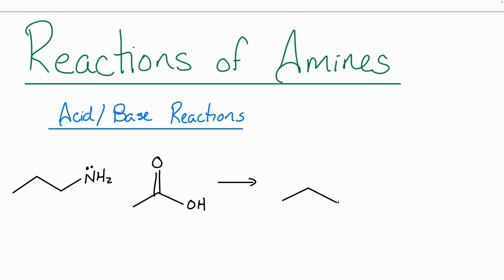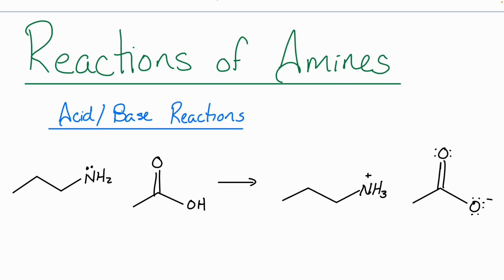All right, so if the amine is a base, that means it accepts that proton, giving it a positive charge. And my carboxylic acid becomes that carboxylate ion after getting deprotonated.